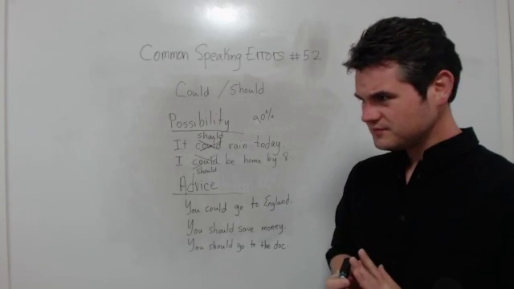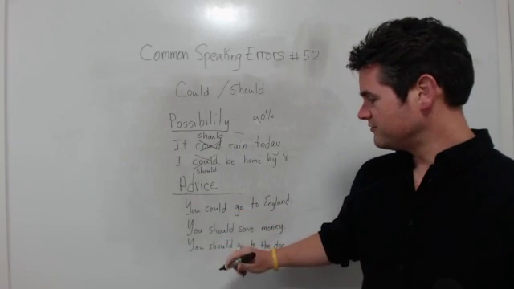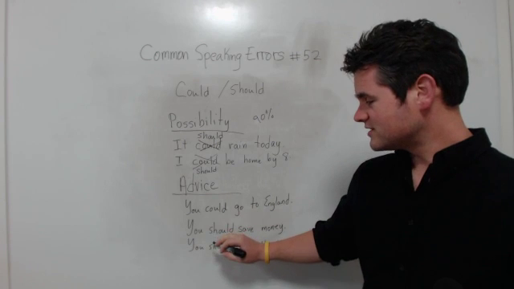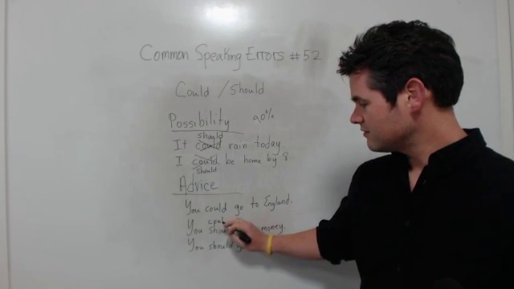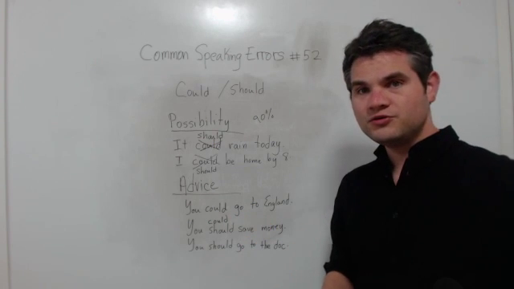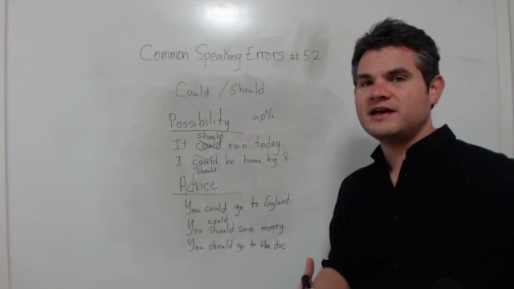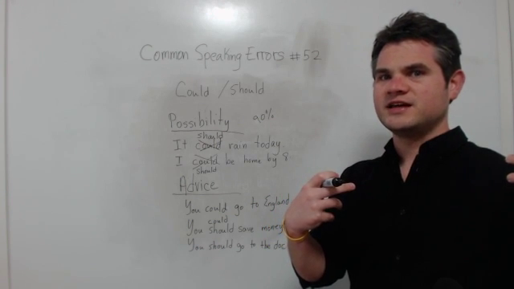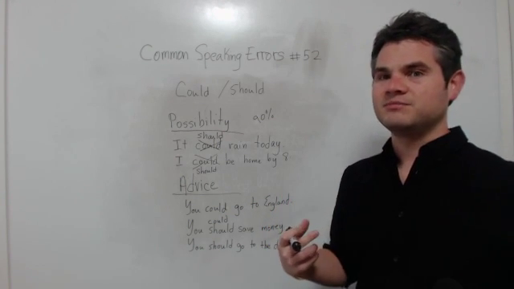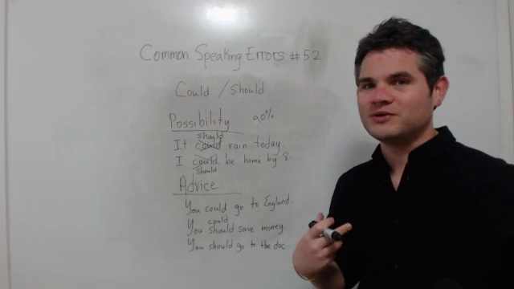Now, you could also use could for this. Let's just say you said you could save money. If you told me you could save money, that could have a connotation that you're saying, oh, you have the ability to save money, but you don't want to.